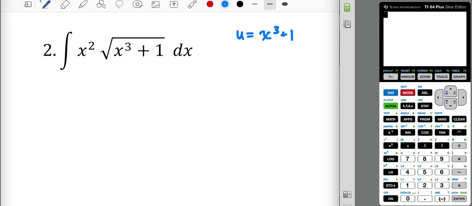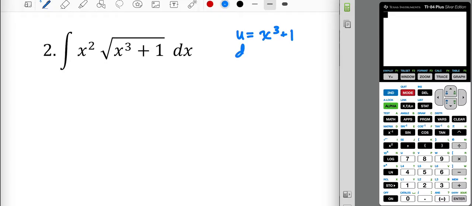I don't have to replace the entire thing with a u. If I want to replace part of it with a u, that's fine. I wouldn't want to let u equal x cubed because then I'd have to take the antiderivative of the square root of u plus 1, which is a little bit more complicated. It's still doable, but a little bit more complicated.